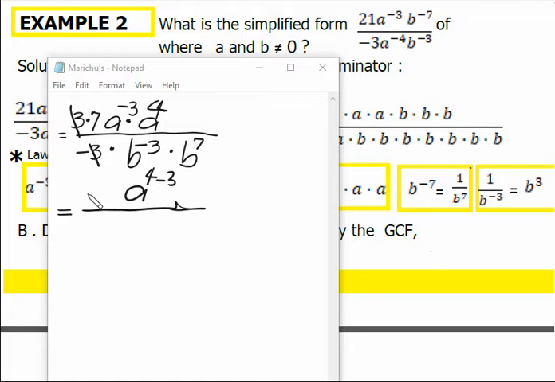So let me have it as negative 7 here times the b. We add, actually that's negative 3 plus 7, or simply 7 minus 3. And finally, the answer would be negative 7a over b raised to 4.